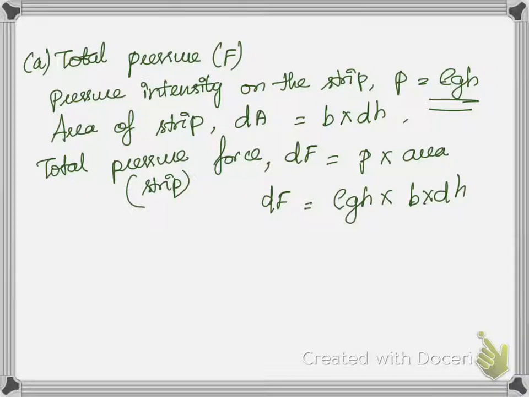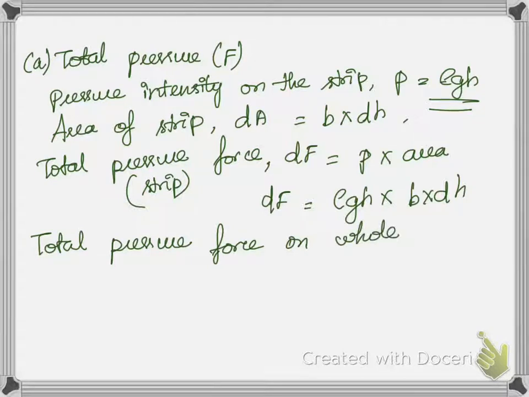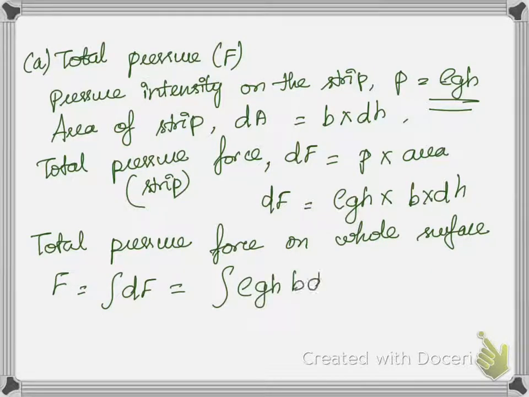Supposing I have to take the total pressure force on the whole surface, we just have to integrate it. So F will be the integral of dF, which is equal to the integral of rho g h into b into dh. If we integrate this, I will get the total pressure.